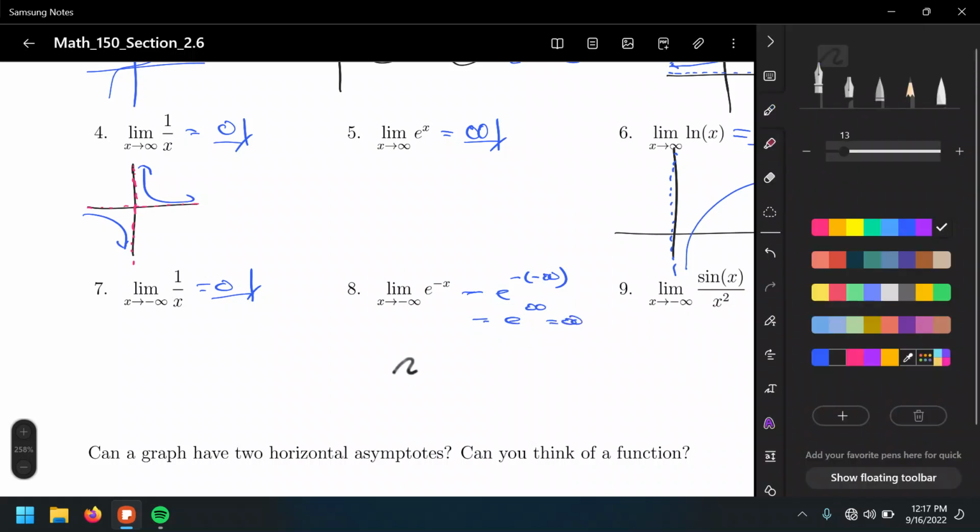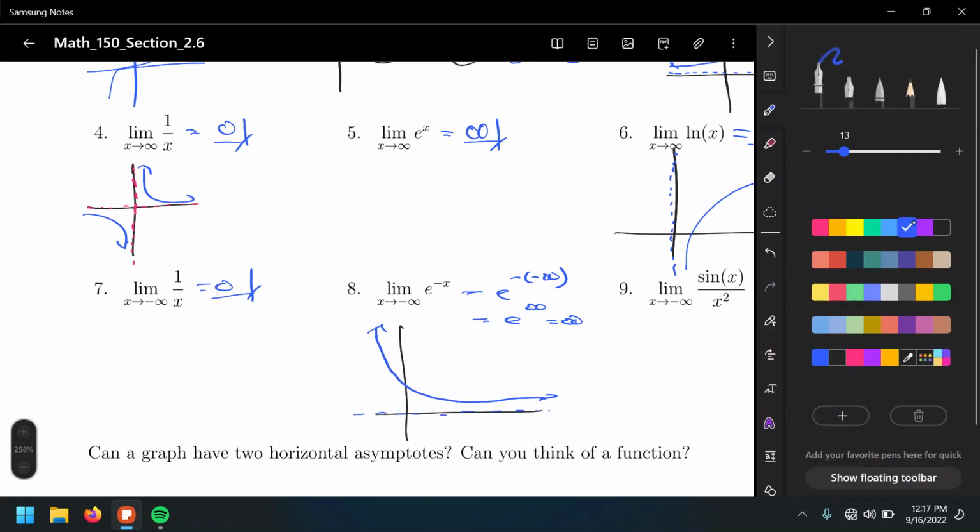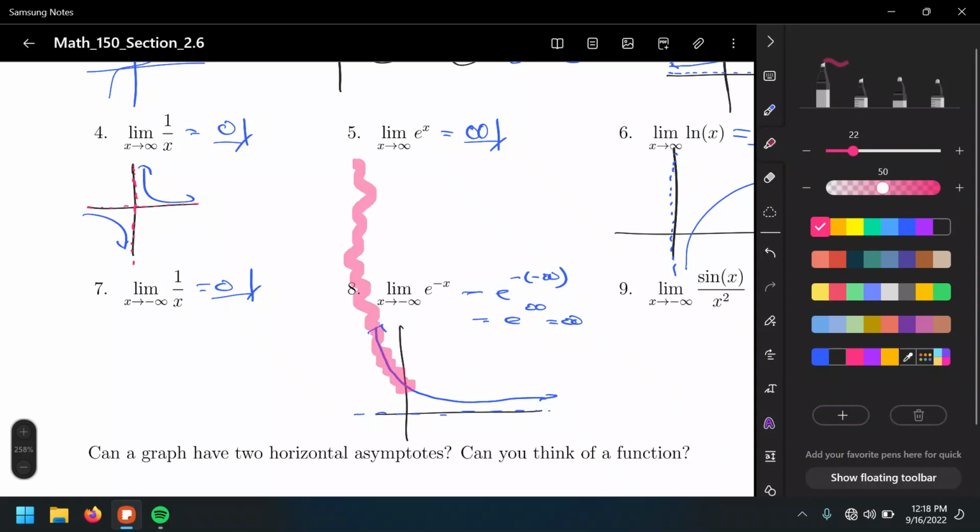For the graph, when we have the exponential function with a negative exponent, recall that this describes a decay. And don't forget the horizontal asymptote. In this case, we want to approach not positive infinity, but negative infinity. Where is this going to go? Isn't it all the way to positive infinity?